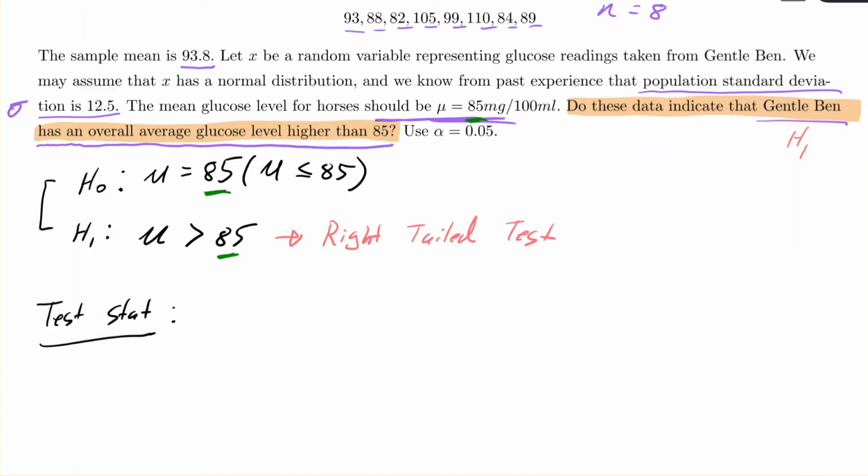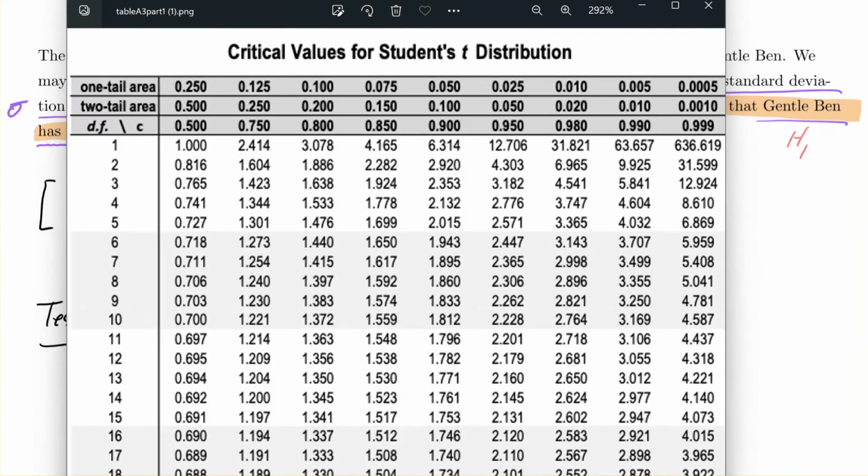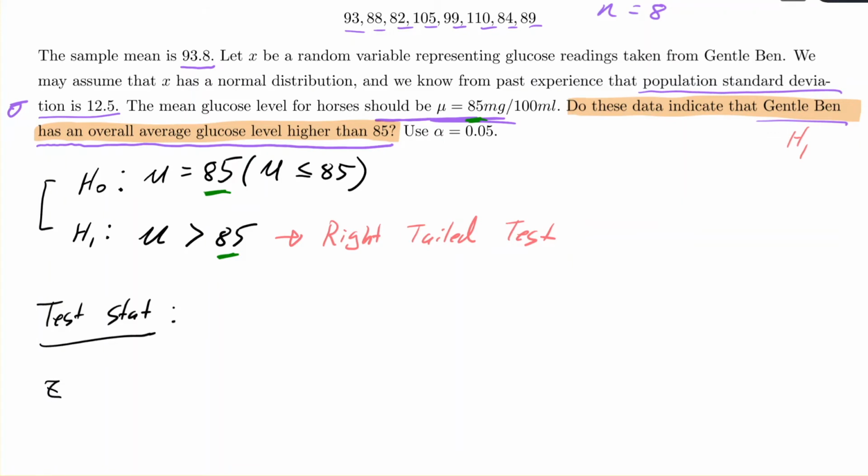So let me copy the formula. This is the z value formula. Again, it's very important to use the correct formula. So we're using z. Okay. That's because population standard deviation is known. This is known. And it's also written in the formula sheet.